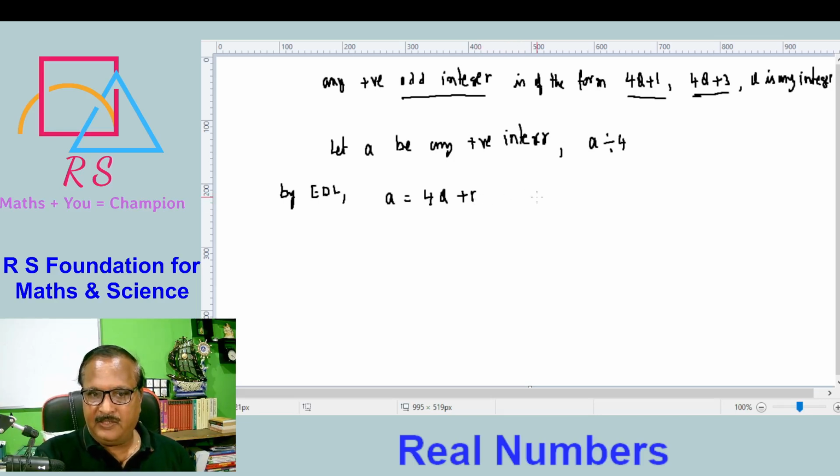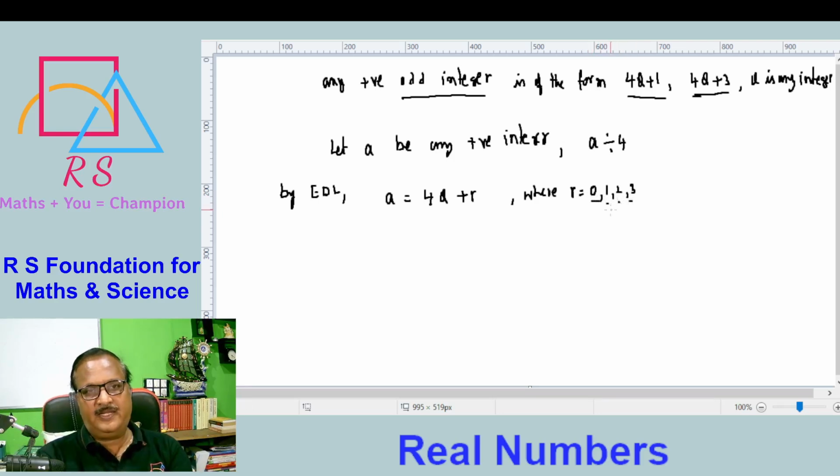Okay, so what is r? r is always less than 4 and greater than or equal to 0. So the possibilities of remainder are 0, 1, 2, 3. Only 4 values are there.